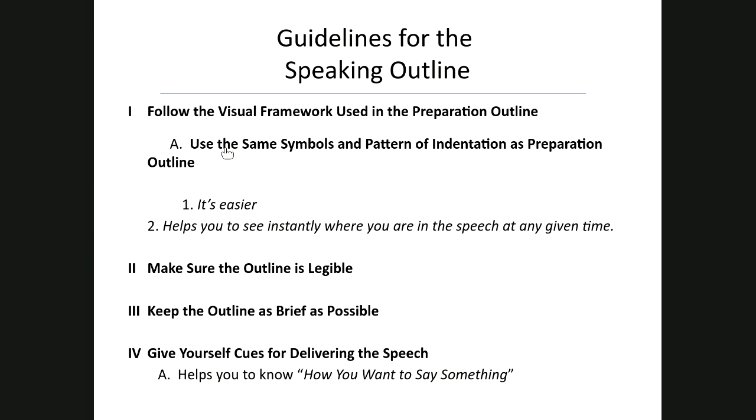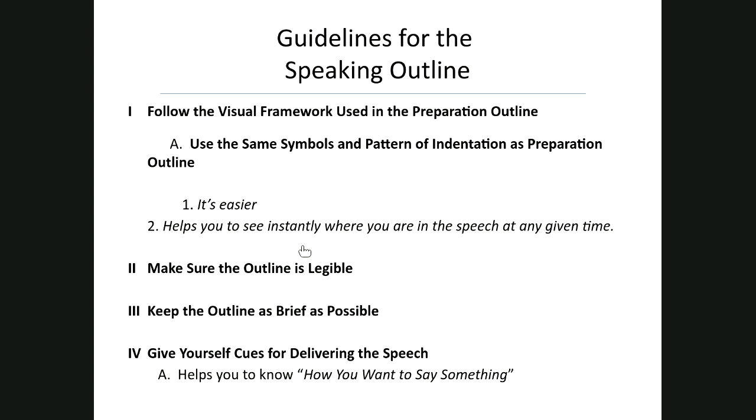Now, the guidelines for the speaking outline: number one, you're going to follow the same visual framework used in the preparation outline, meaning you're going to use that same symbolization system, and the same pattern of indentation as we did for the preparation outline.